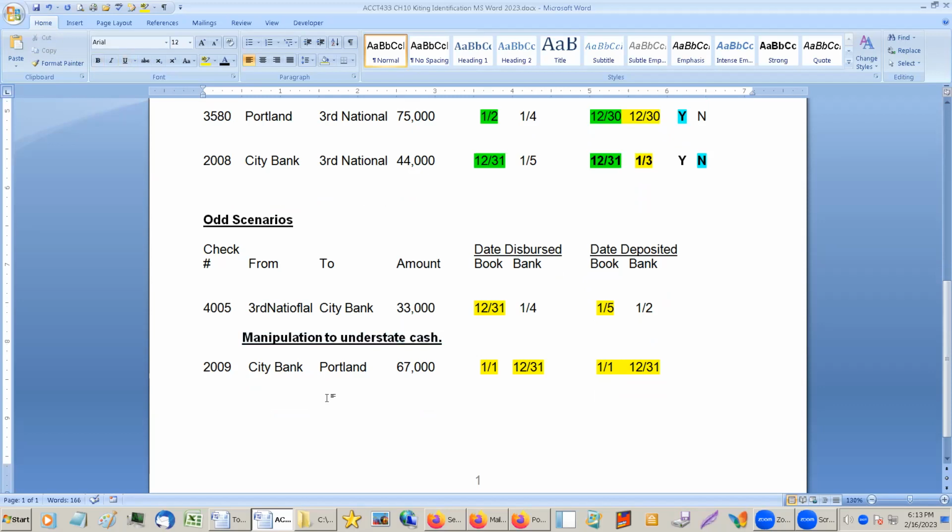And this one down here is really more likely a delay in making the journal entry.